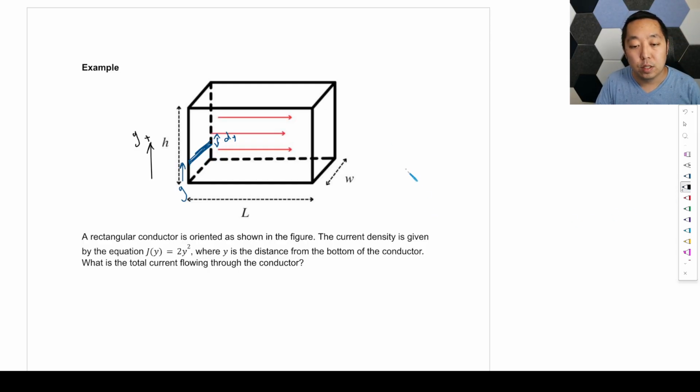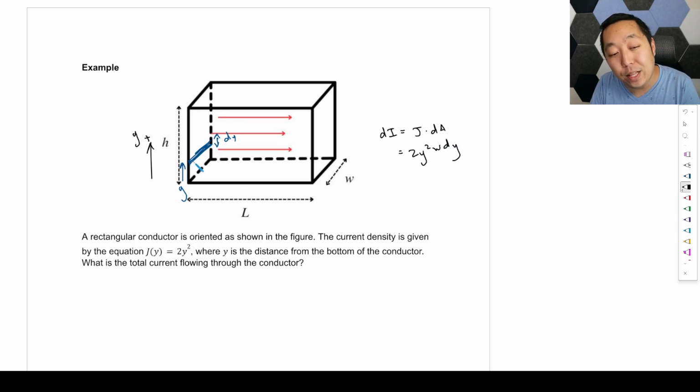The contribution of the current through there is J dot dA, which is 2y squared times dA. What's the area of this little rectangular shape? It's w times dy. This one tests whether you know the direction of the area shape. Don't use L; this distance from here to here is w, times the height of that rectangle, dy. w is a constant, because that's just the shape of the conductor.